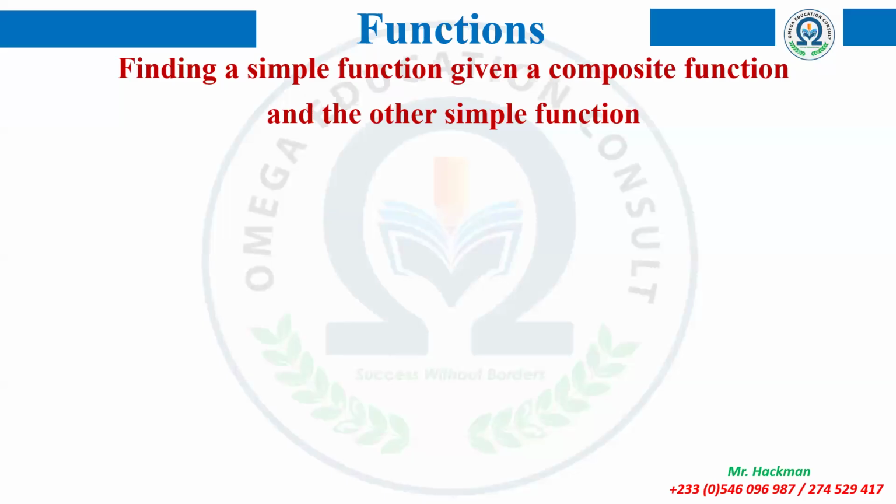So this is what I mean. Assuming I've been given f of g of x, and I am given f of x, I could be asked to use this information to find g of x. Or I could be given f of g of x and given g of x.